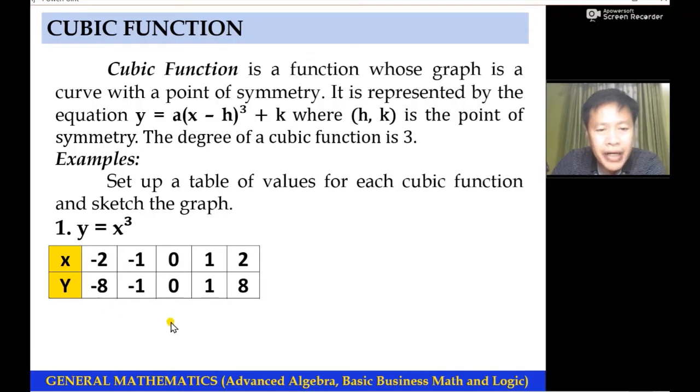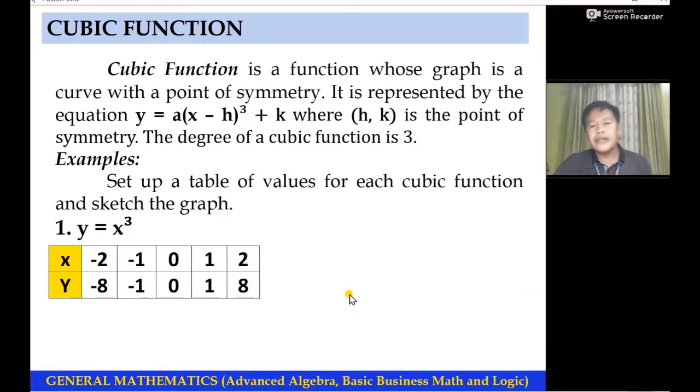So therefore, you are going to look for the value of y in its given pre-image, or the element of the domain. If our x is equal to 1, 1 times 1 times 1 is 1. If x is equal to 2, 2 times 2 times 2 is 8.